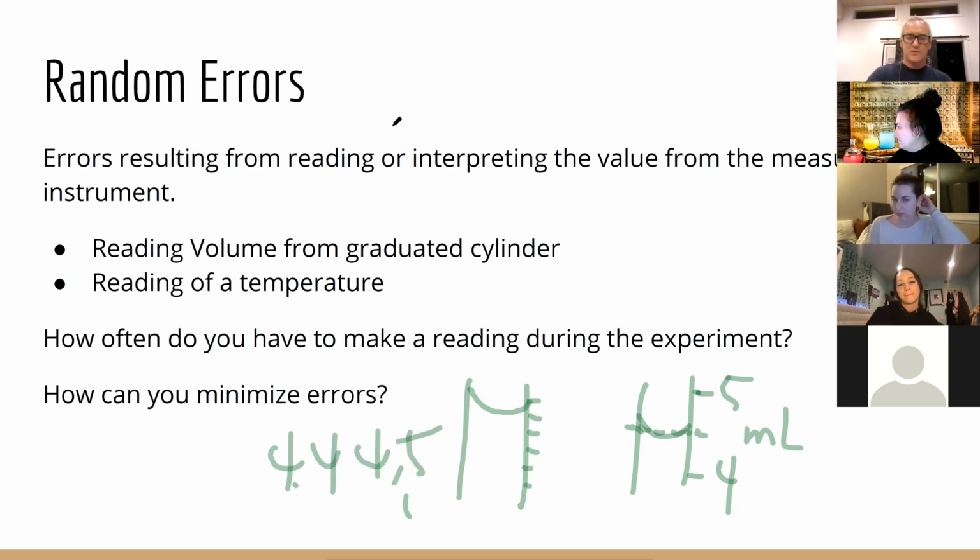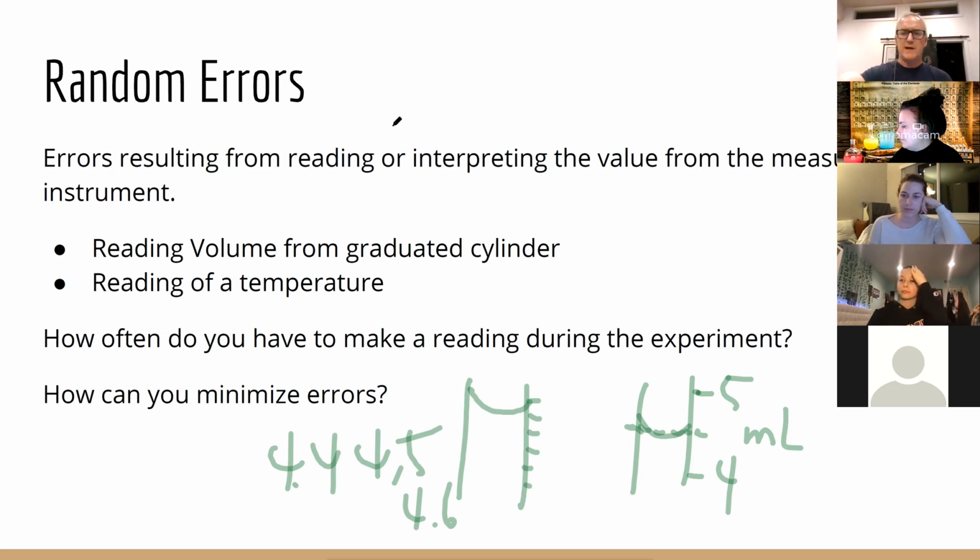Some people would say it's 4.6. That's sort of up to you. But the thing to remember is that both of those numbers are going to be significant. Because, and I know it sounds a little weird, there is always one estimate in any significant figure.